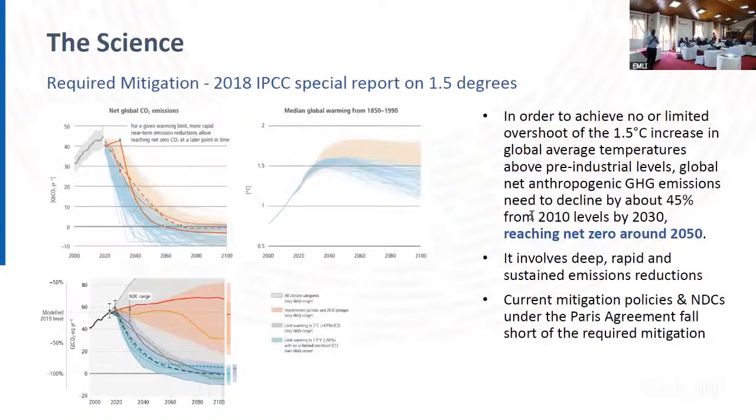So when the Paris Agreement came into place, the idea was how do we have a treaty that can limit the global temperature rise to about 1.5 degrees above pre-industrial levels.